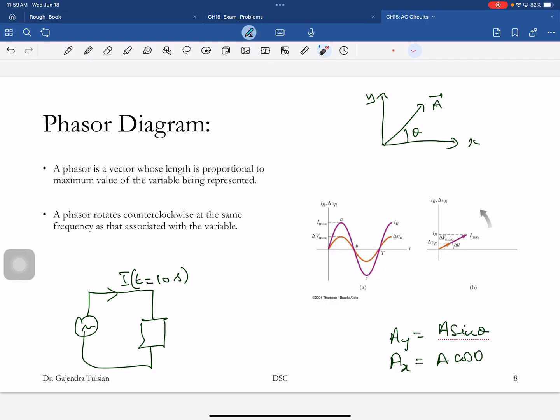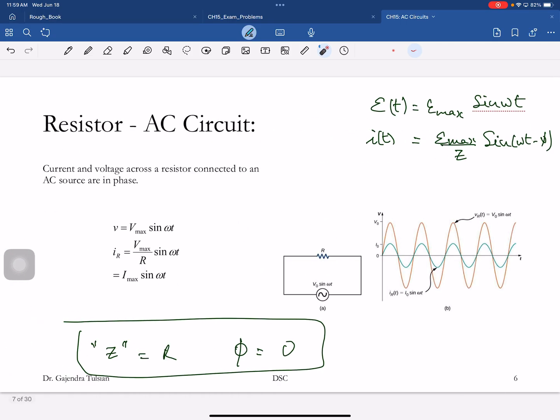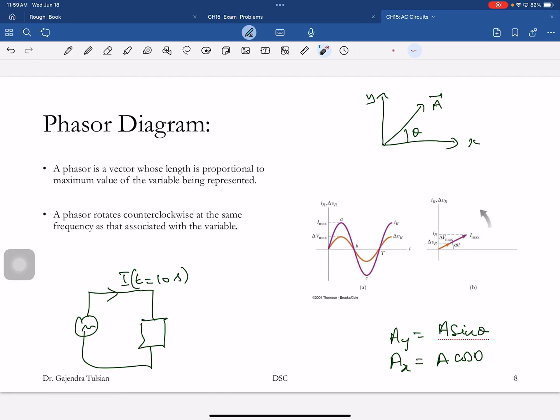So now for a resistor, you saw that the voltage and current were in phase. Phi was 0. So they are in phase and they're rotating counterclockwise at angular speed omega, and the y component is the instantaneous values of the voltage and current across your load.